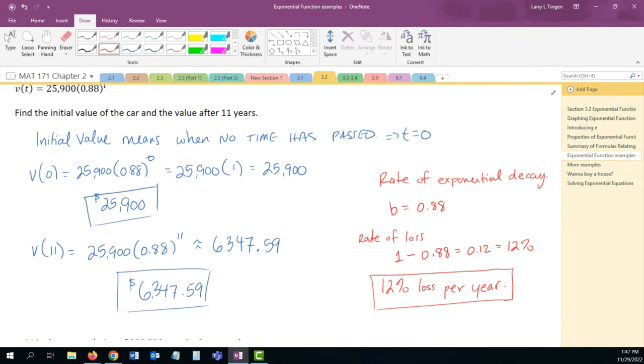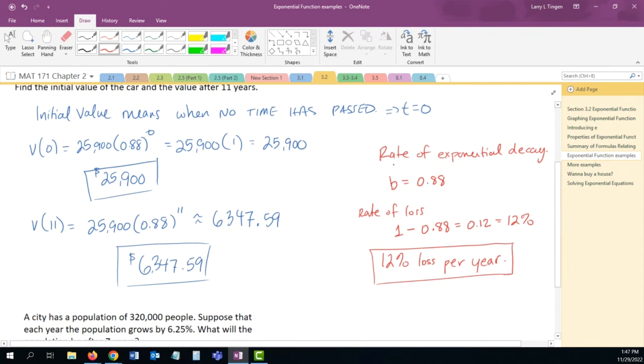This goes down quite a bit quicker than if it were just losing $2,000 in value a year, or $1,000 a year. It would not continue to plummet each time. So with that in mind, if I want to know my rate of decay or growth, it's just how far off my base is from the number 1.